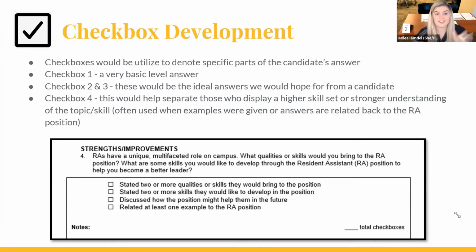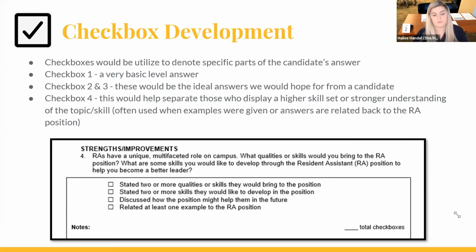If they answered only that and then finished the question, they missed out on the other stuff, but basic level answer. Checkboxes 2 and 3, these should be the ideal answers we would hope from a candidate. They really listened, they probably used some critical thinking to ensure that they answered the full question, especially for a multifaceted question like this. This means that for the second checkbox, they stated 2 or more skills they would like to develop in the position, which is that second question.